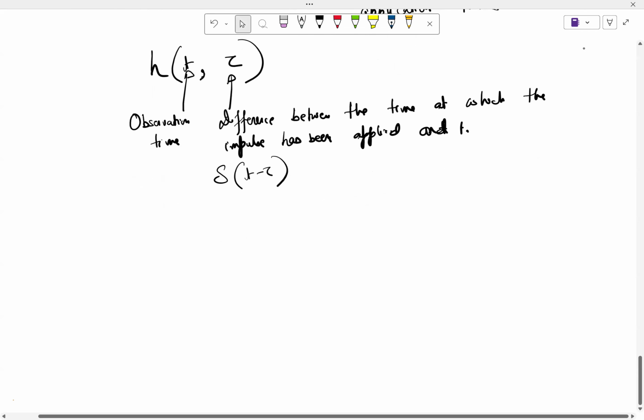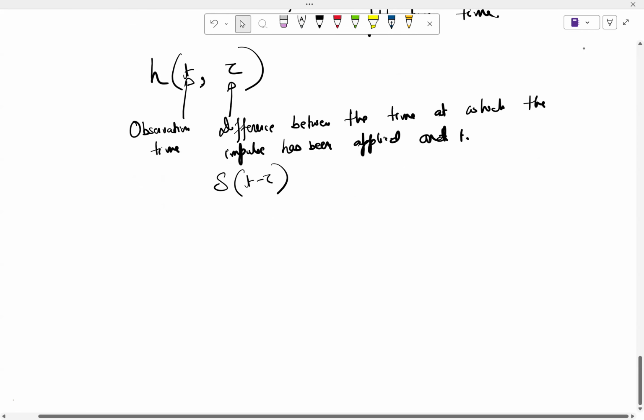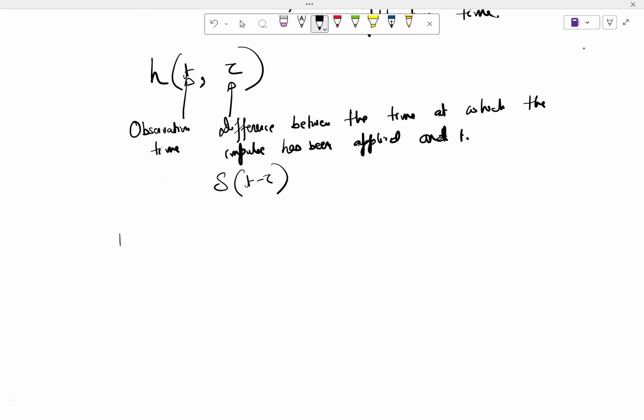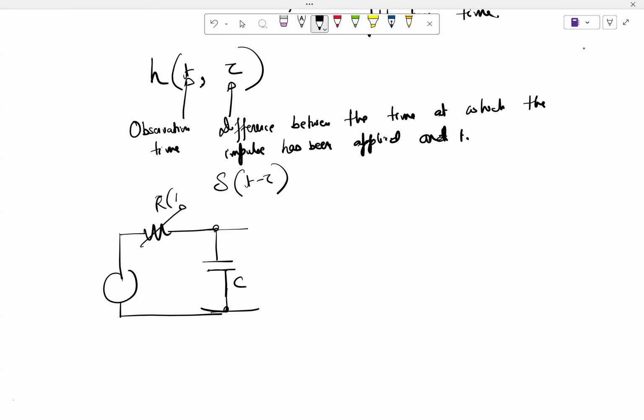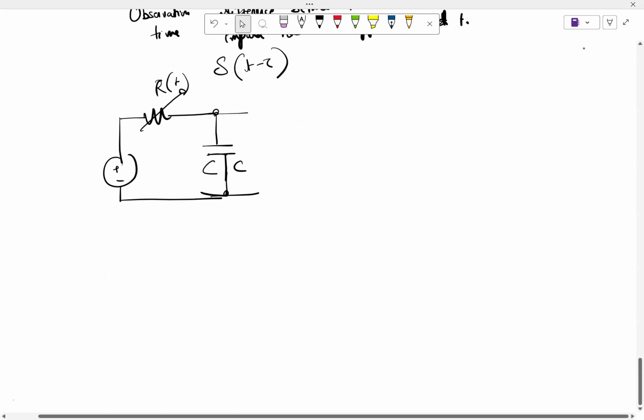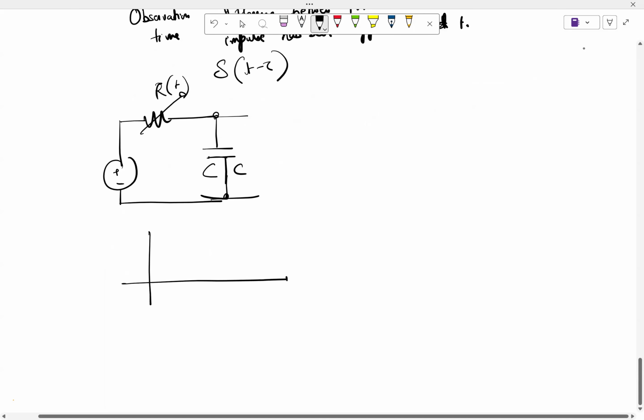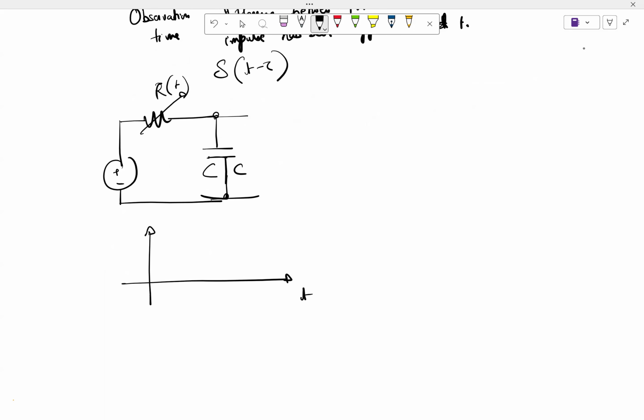Fine. So let's do it for the time varying RC circuit. Let's say that this was R and it jumped to 2R after some time t naught.